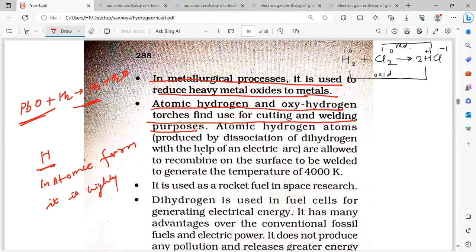Any element in the atomic form is highly reactive. In atomic form it is used for cutting. How can you use it for cutting and welding? They heat by the combustion of that one. Since it is very unstable, it provides a huge amount of energy. That is what is used for cutting.